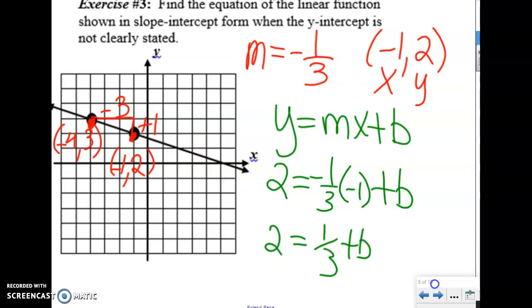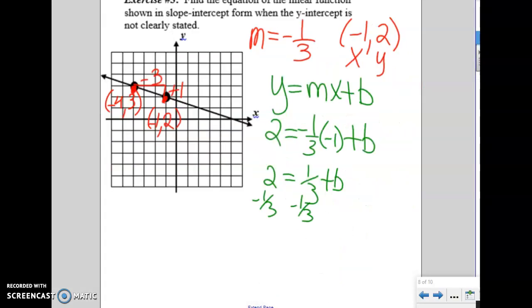And then we got to solve for b by subtracting 1/3. Now it's not a whole number, I get it, but that doesn't mean it's difficult. So we're going to subtract 1/3, and in order for us to think about this, we got holiday season coming up. Maybe people are going to make some pies or some delicious desserts, and think about 2 whole pies.